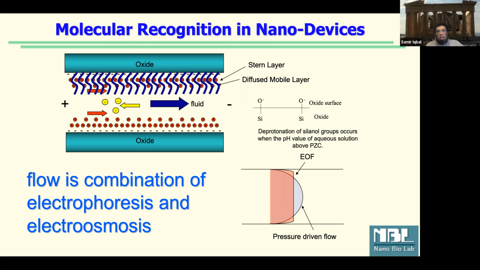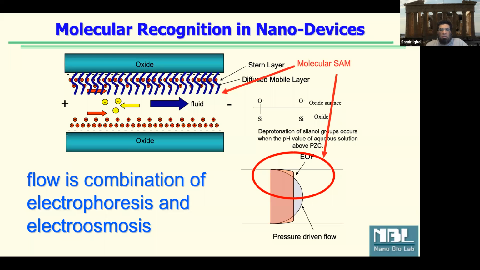And then if you add on top of that molecular recognition in those small scale devices, it becomes even more complex to understand or to model that system. So this is what we would call the molecular SAM and its effect. So going from large scale systems to nanoscale systems, we have totally different physics involved and a totally different set of equations that come.